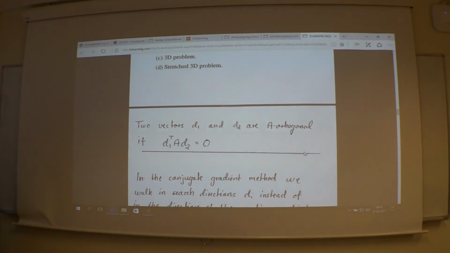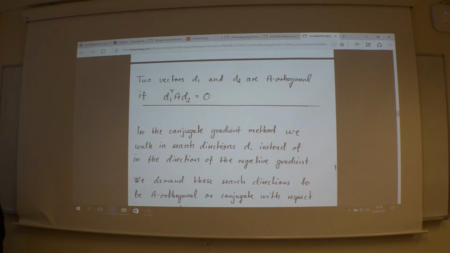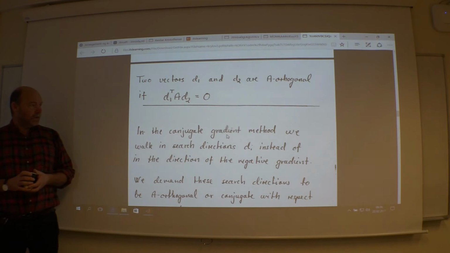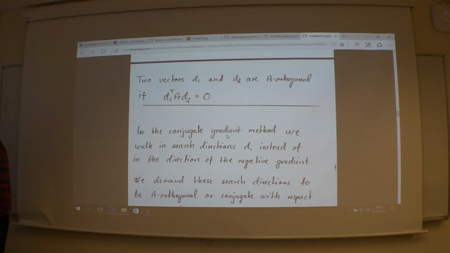So yes, it's fairly easy to calculate it. The philosophy behind this, not so easy. So you can have a peek if you want, but this will be now the heart of our algorithm actually. So it's fairly vital. So now we are going to go in the conjugate directions.